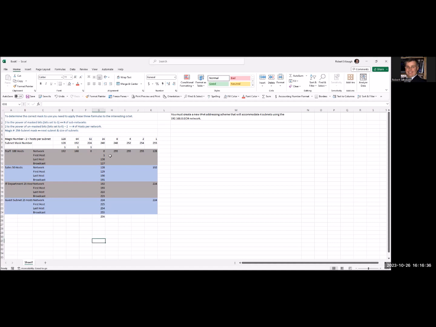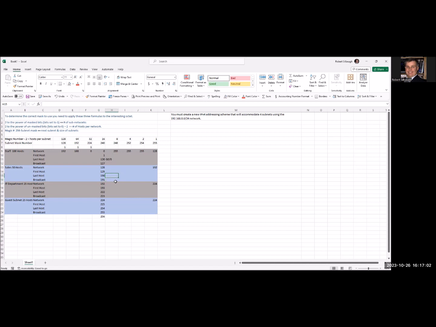So if we go back to here, it's also a good idea to assign, either pick the top address or the first address for your gateway address. Normally, I like to use the highest address for the gateway address. So in this case, we would put in our identifier. This is going to be G0/0 on the router.